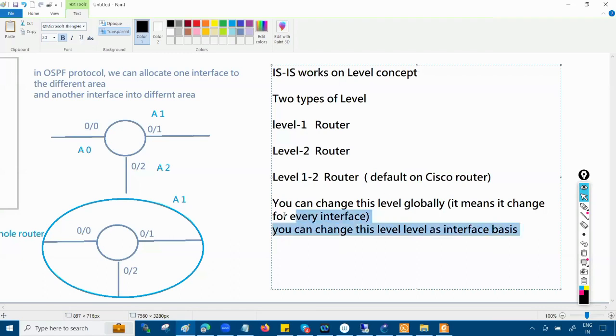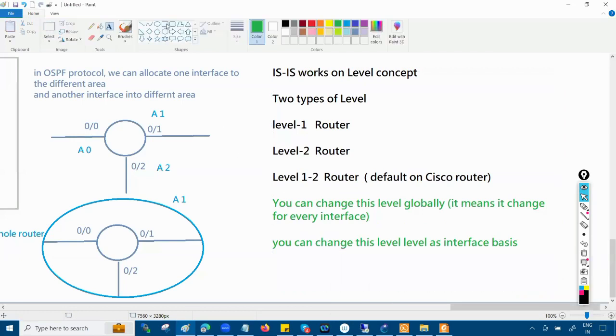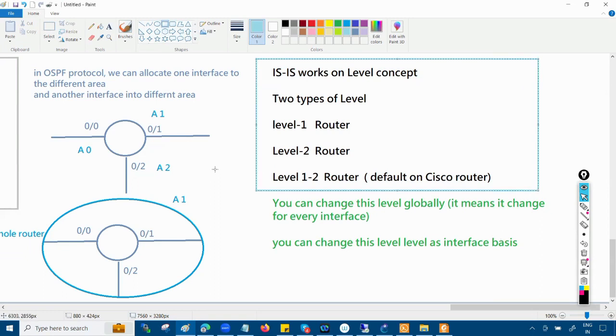So it's up to you how you're gonna change. If you change globally, you can change globally. If you change the interface label, you can change the interface label too. If you understand this objective, your ISIS is almost finished.